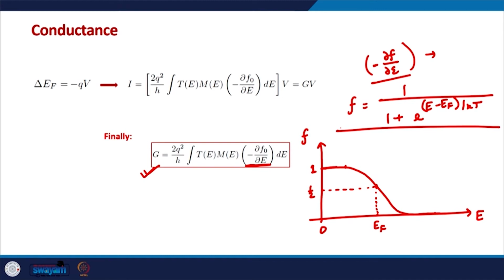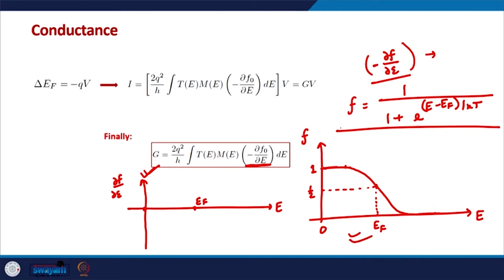Okay. So now let's see how ∂F/∂E may look like. This is E, this is ∂F/∂E, and if we have EF here, for example, at this point, then ∂F/∂E versus E will just be the gradient of the function plotted on the right hand side.